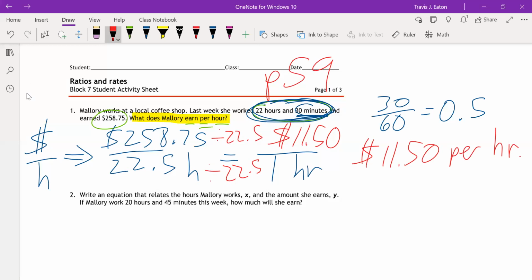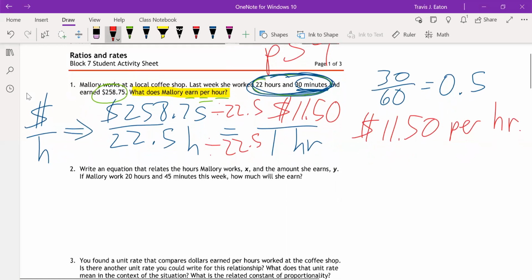Okay. Now, the next question asks us to write an equation that relates the hours that Mallory works, represented by the variable X, and the amount that she earns, which is represented by the variable Y. So let's write that equation.